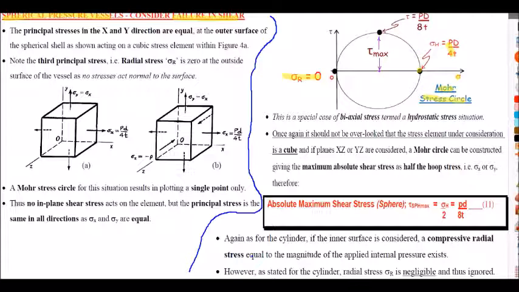If you draw a circle between those two, the diameter of the circle is PD upon 4t, so the radius of the circle, and the shear stress, is PD upon 8t. That's the halfway stress on the horizontal axis. So the absolute maximum shear stress in a sphere or hemisphere is PD upon 8t.